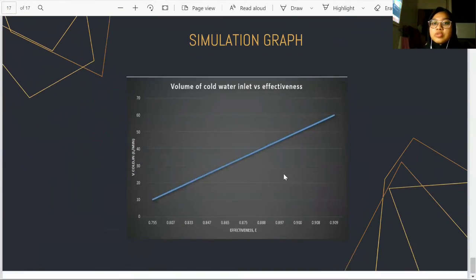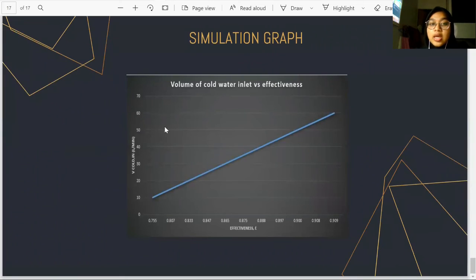And this is our simulation graph. We have simulated the volume of cold water inlet versus effectiveness. As you can see, the effectiveness increases as the volume of cold water inlet increases.